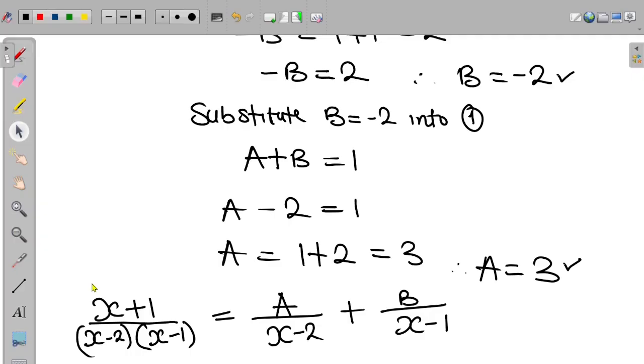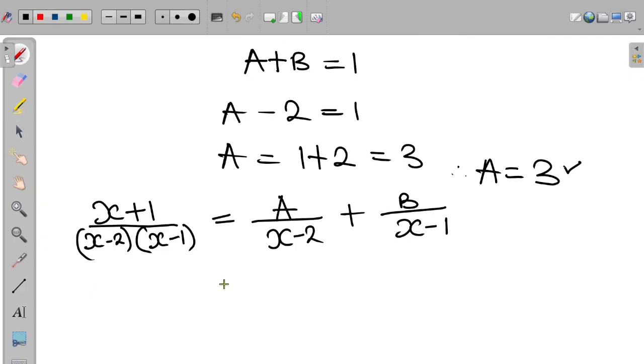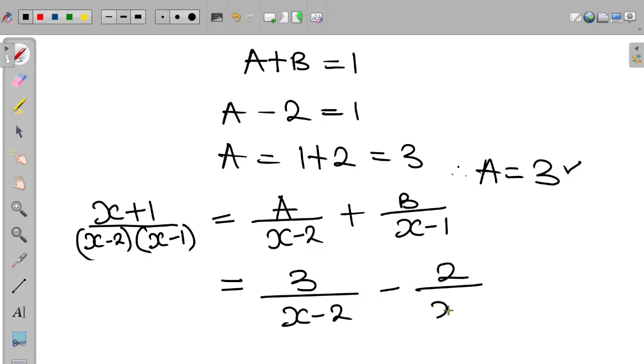Recall that the value of B is negative 2 and the value of A is 3. So therefore, the expression at the right hand side becomes 3 divided by (x - 2) minus 2 divided by (x - 1). At this point, we have been able to resolve the compound algebraic fraction into partial fractions.